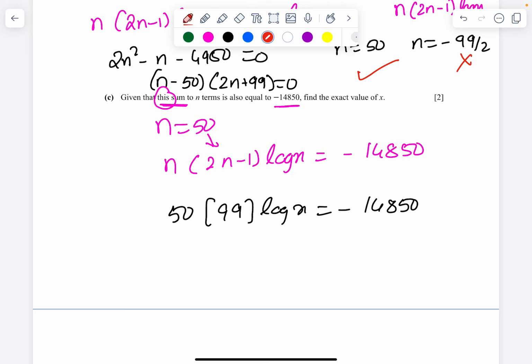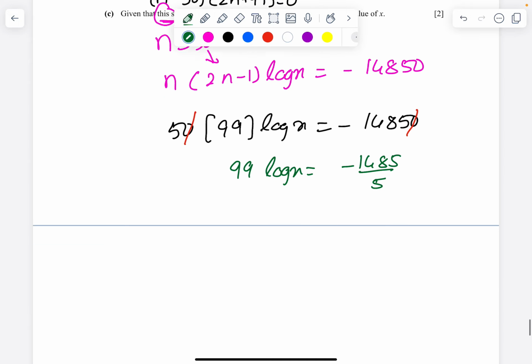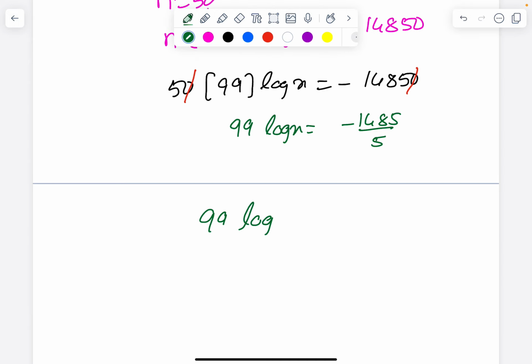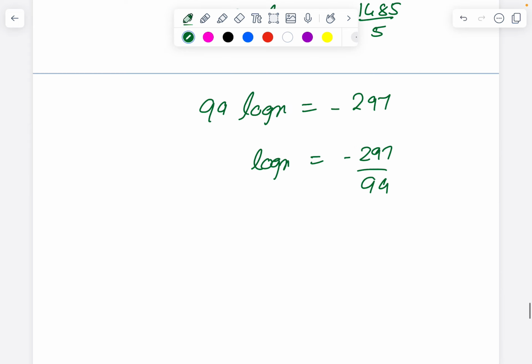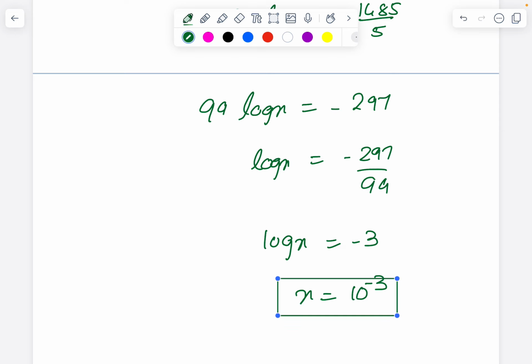Very simple calculations without a calculator: the zero cancels, so 99 log x equals minus 1485 divided by 5, which becomes 297. So log x equals minus 297 divided by 99, which is minus 3. Log x equals negative 3, x equals 10 to the power of negative 3. This is going to be the answer. That completes this paper. See you in the next paper. Bye.